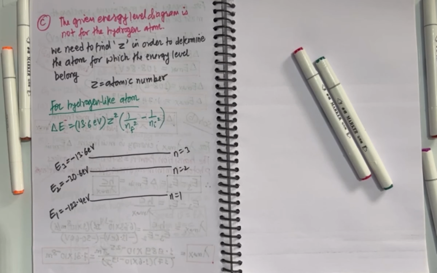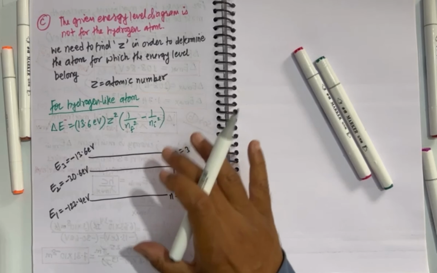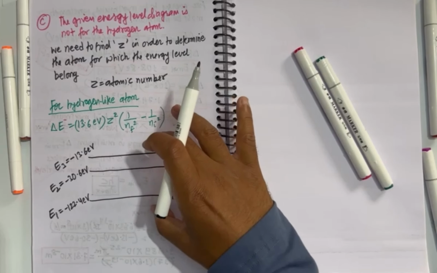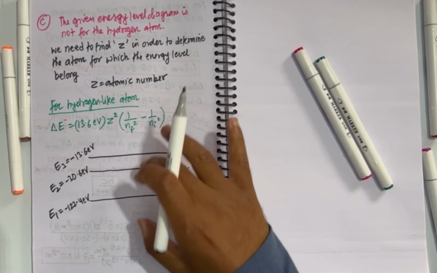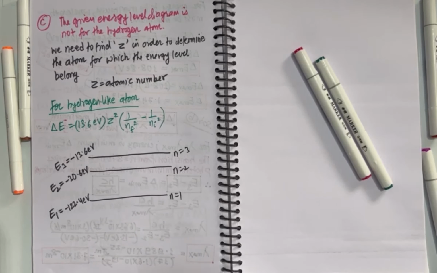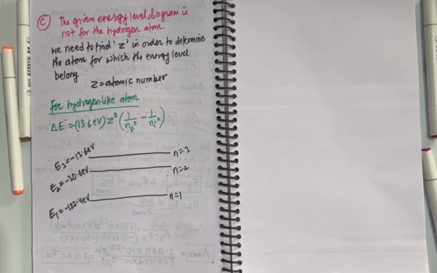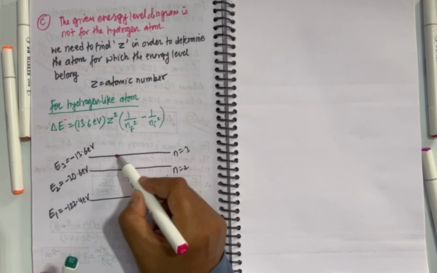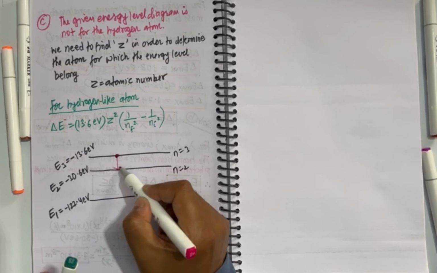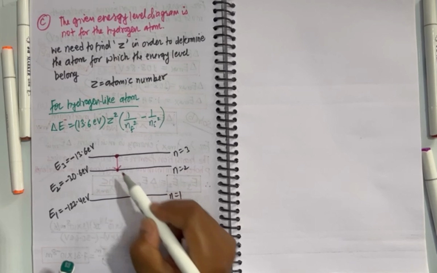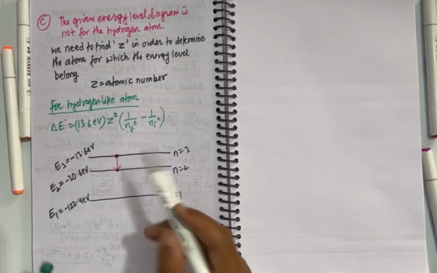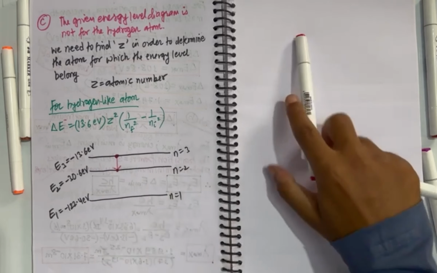As I said earlier, we can take any transition, but for simplicity let us consider the transition from n equals 3 to n equals 2.